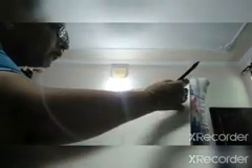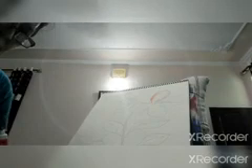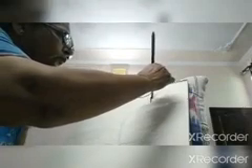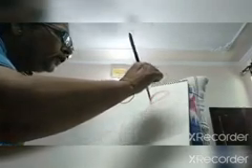First of all, we will make outlining of the flower. We will take vermilion red color or crimson red color, whichever you want to do. We will do only on the outline of the flower.